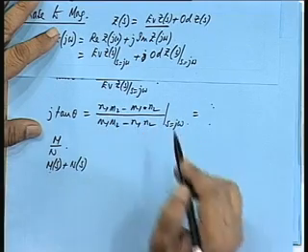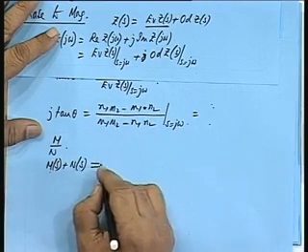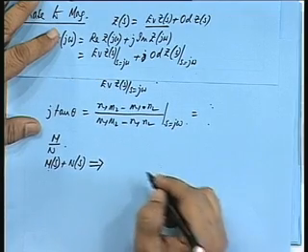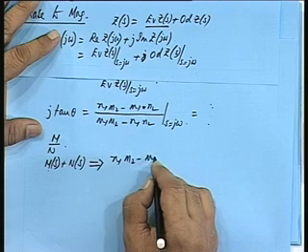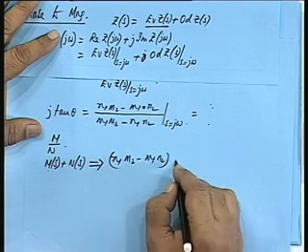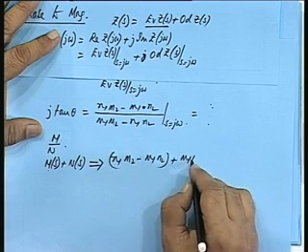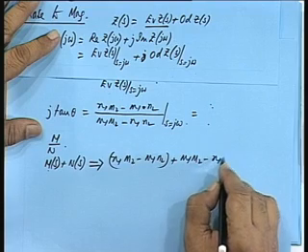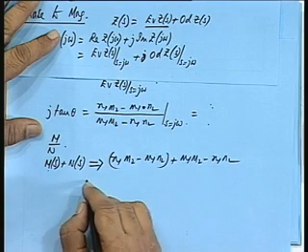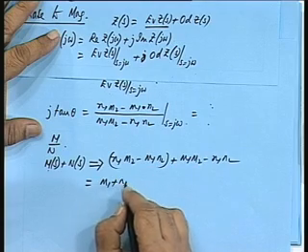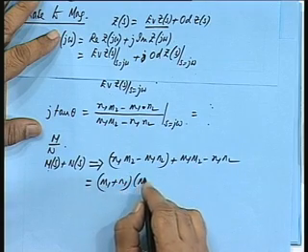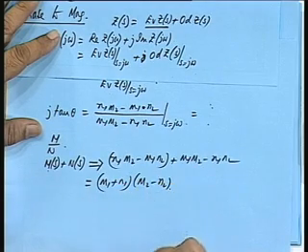This plus this, okay, which will be n1 m2 minus m1 n2 plus m1 m2 minus n1 n2, which means m1 plus n1 into m2 minus n2.